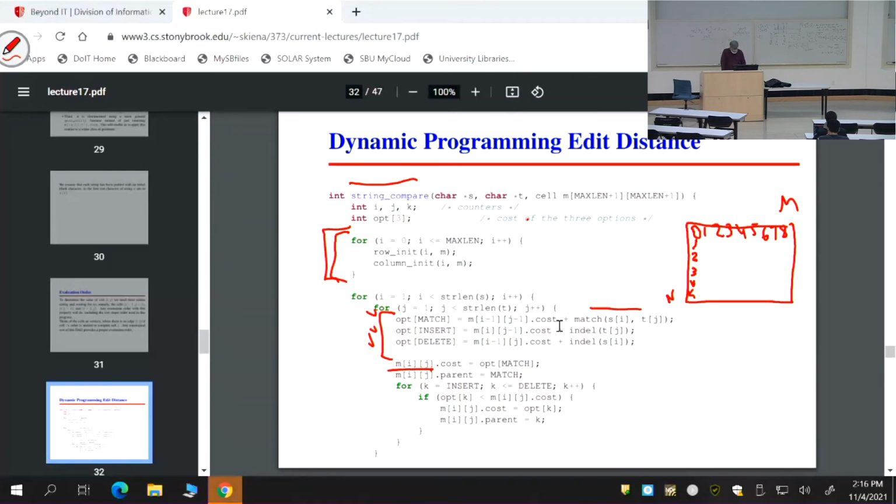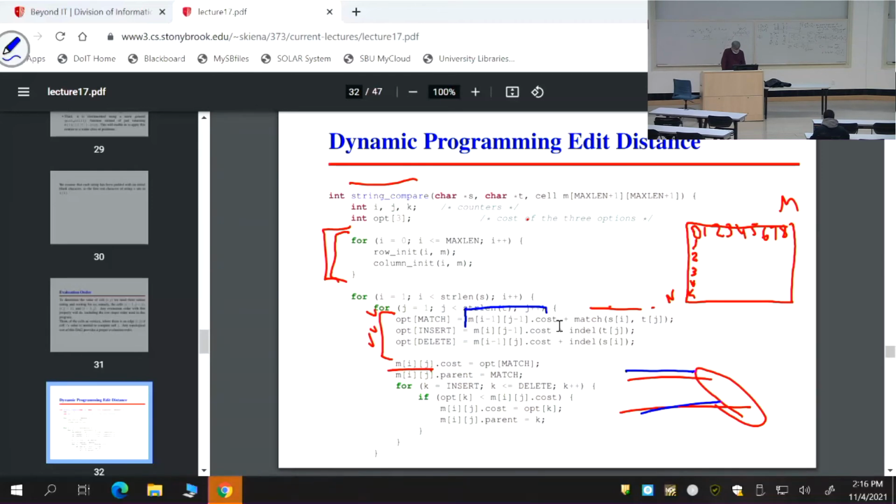It was the cost of a match or a substitute, depending upon whether these two characters were the same. To score whether that was a good idea, I need to know the cost of editing the prefixes to each other. And this is a smaller value. M of i, j has smaller indices, so it is sitting in the table.